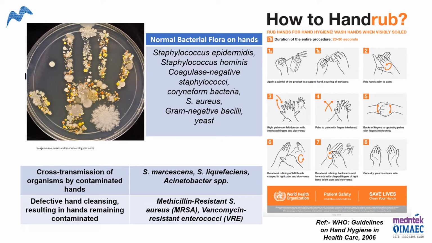So how can you control these types of infections? You need to perform proper hand hygiene with the correct steps and given contact times so that the pathogens which are surviving on your hands will get eliminated.